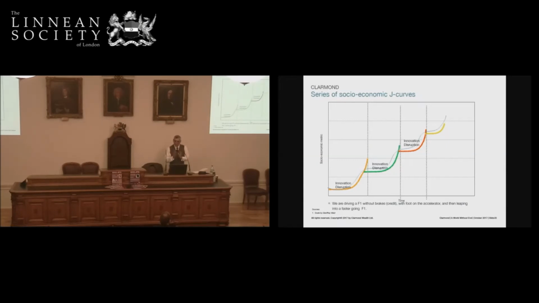So what we have been doing for the last 150 years is, as we go up the J curve, we have a reset. We jump onto a new J curve through innovation, whether that's going from biomass to coal, from coal to oil, or now from oil to natural gas. And we could go, there's a gentleman sitting here who the yellow curve is for, and we could go into alternatives. It's going to occur.